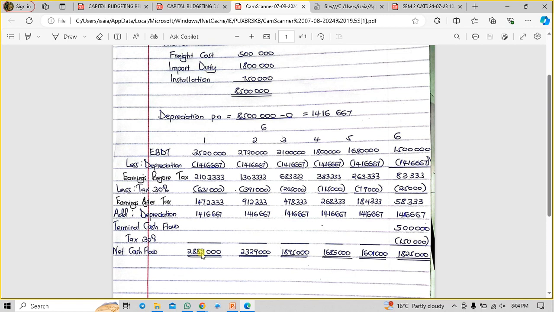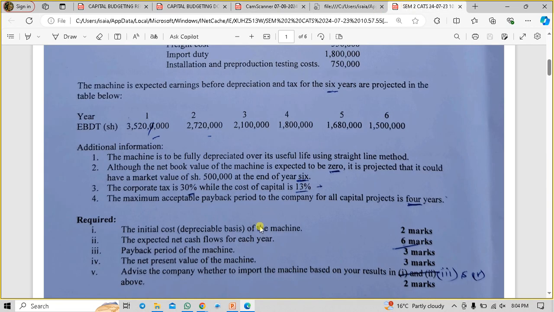So take this figure, we'll start with 2,889,000, divide by 1 plus the discount rate, it's always given. So the tax is 30%, the cost of capital. So you can be told the cost of capital or discount rate, or you can also be told the required rate of return. So we are going to use 13%.